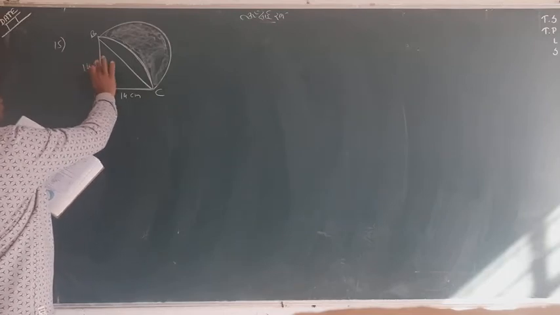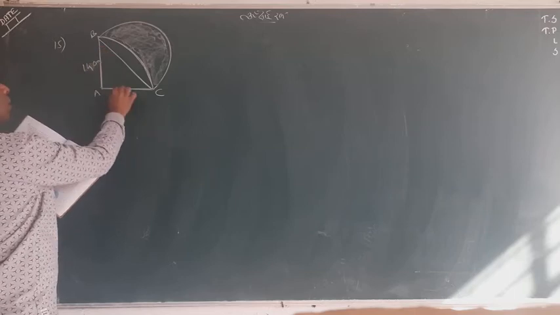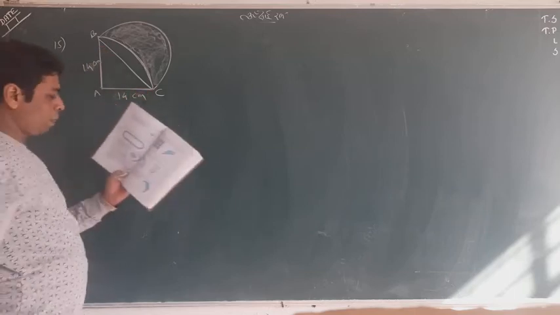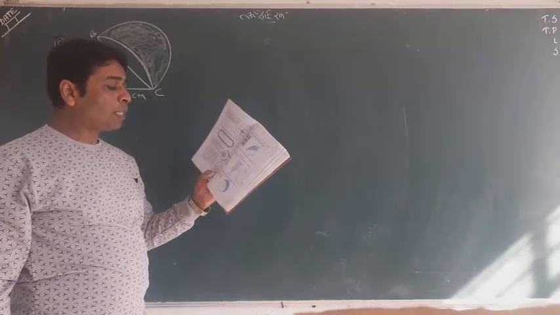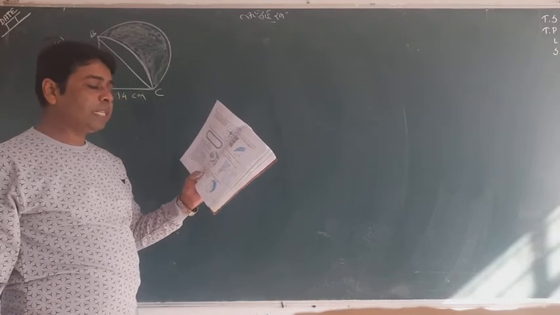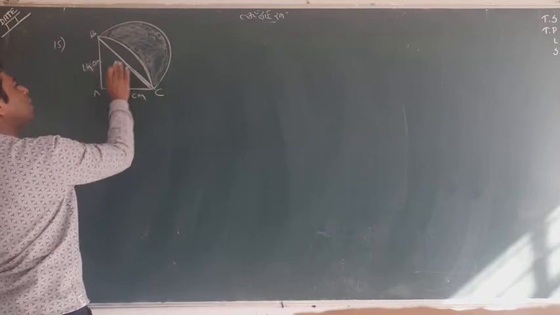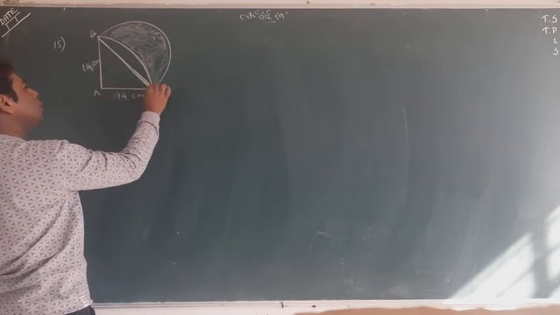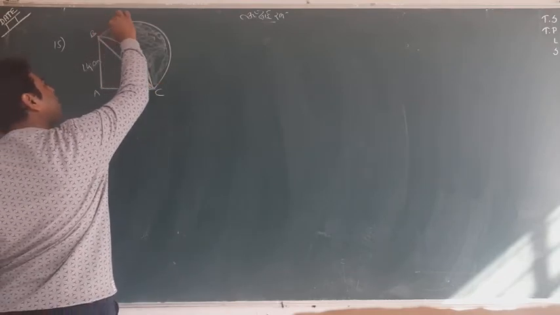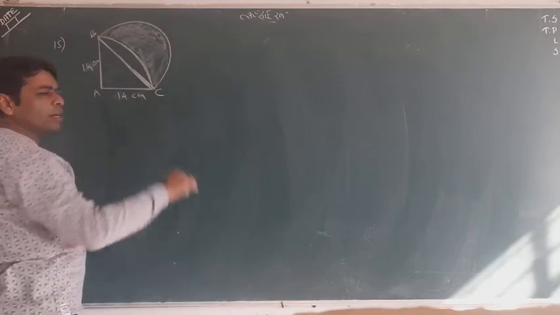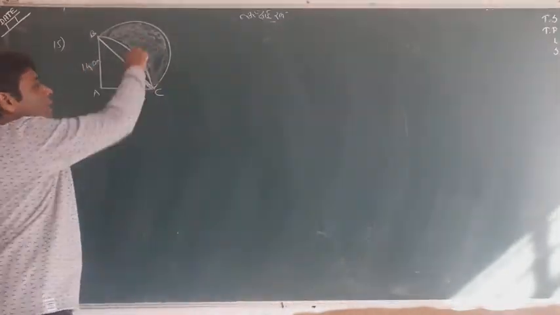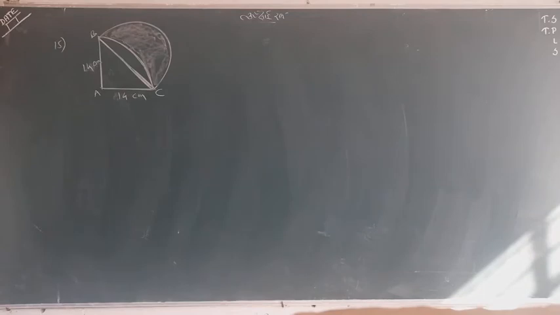Afterward, a semicircle is drawn with BC as diameter. BC is actually the hypotenuse of the right angle triangle, and taking BC as diameter we make a semicircle. We want this area. So I will tell you the easiest method.